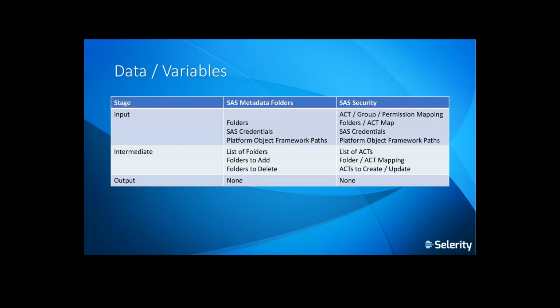From a security standpoint, we need a template in place for our ACTs and for the groups and the permissions for those groups. We need a mapping of folders to ACTs. We'll need SAS credentials, and we also need the paths of the platform object framework tools.